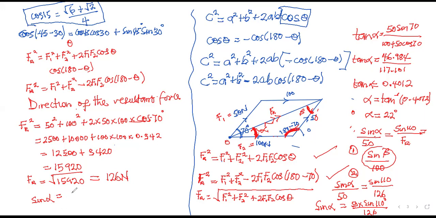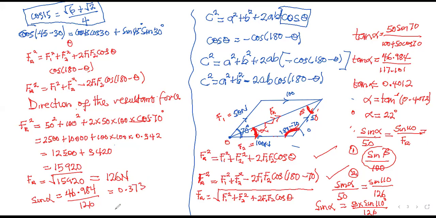46.984. Is it the numerator? Yes, sir. 46.984 divided by 126 is 0.372, 0.373.